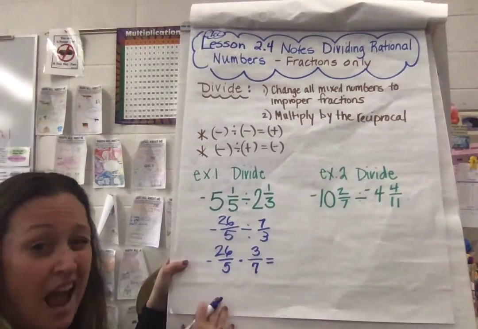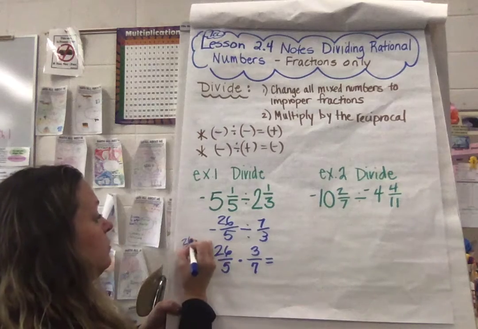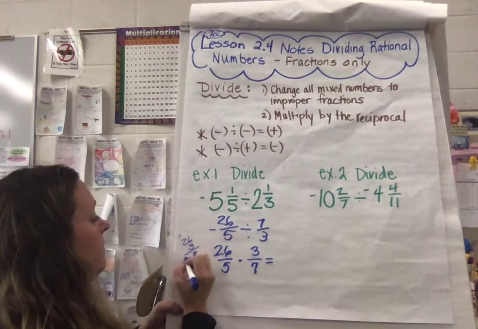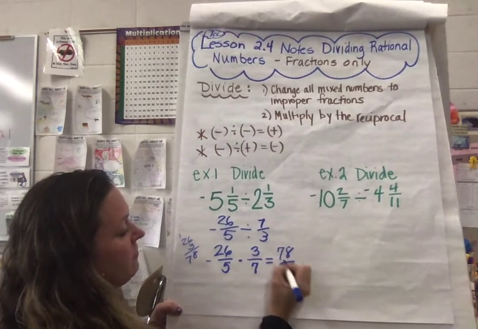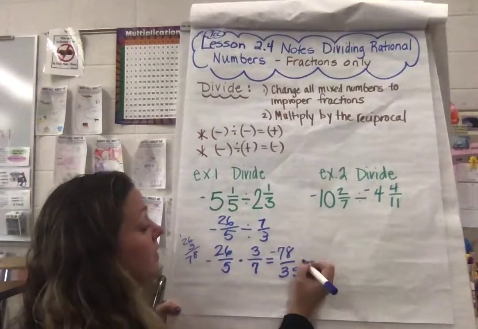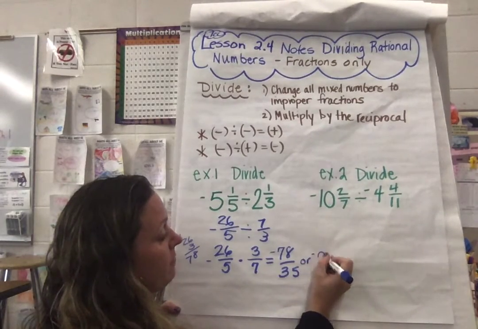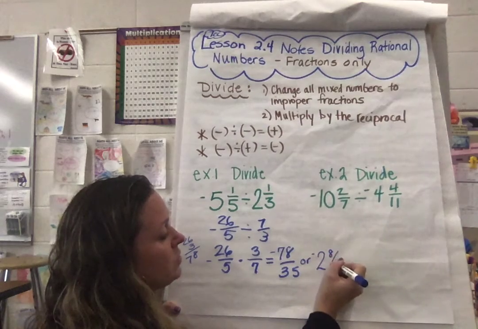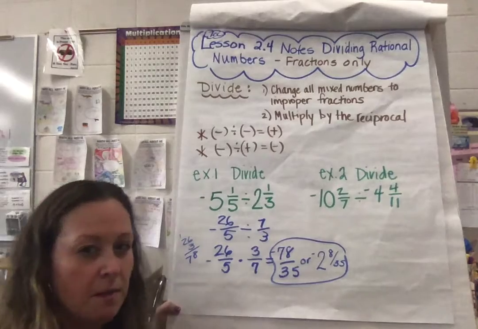In this case, I have nothing that I can simplify ahead of time, so I literally have to doodle on the side that I have 78 and that I have 35. This is completely acceptable if you don't want to leave it like that. You can also simplify this back into a mixed number, which would be this. Either one of those would be totally acceptable.